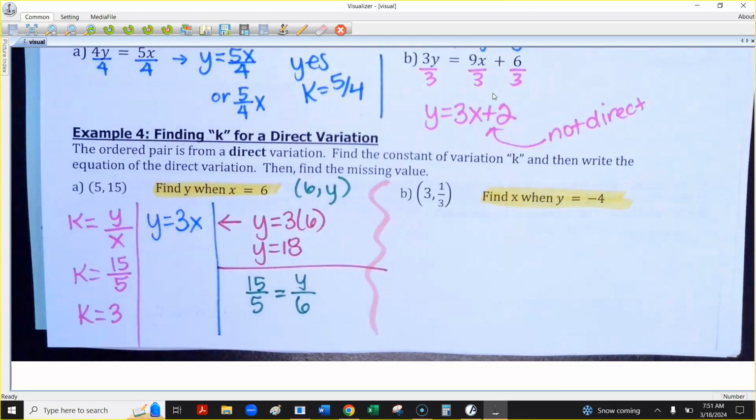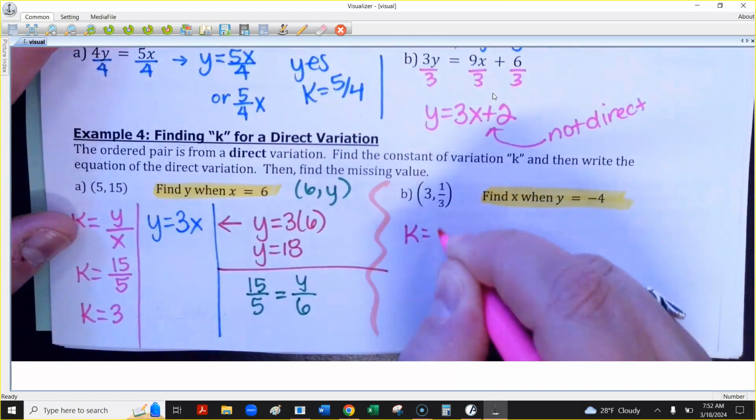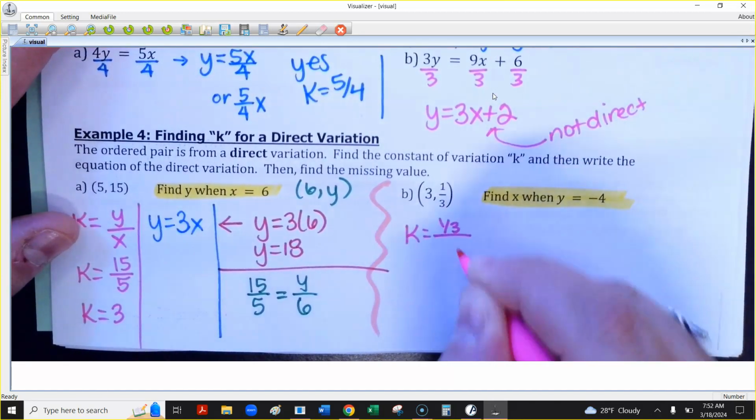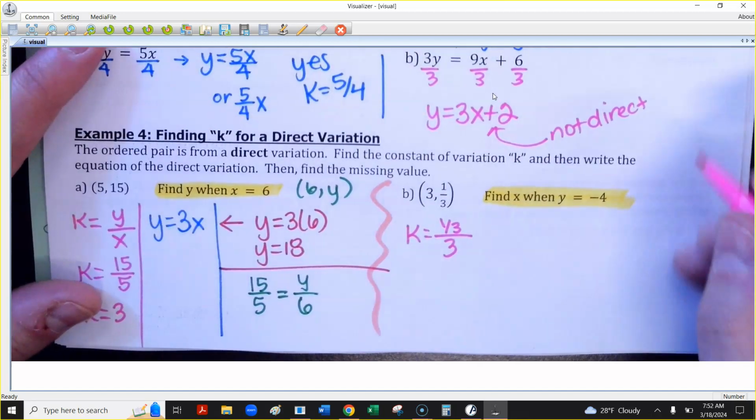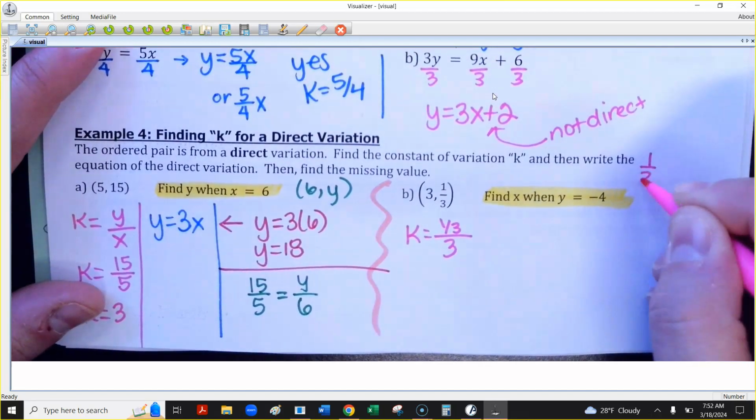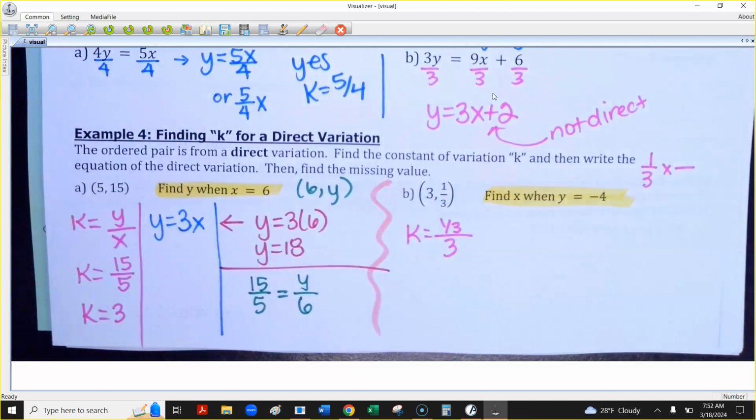All right, now I had to, of course, involve one that has a fraction. So to find your k value, it should just be the y coordinate, 1/3, divided by 3. We could do this on the calculator if you want to, of course, and I would just tell you to put parentheses around the 1/3. But I'm just going to show you this to the side here. 1/3 divided by 3 is the same thing as multiplying by the reciprocal.